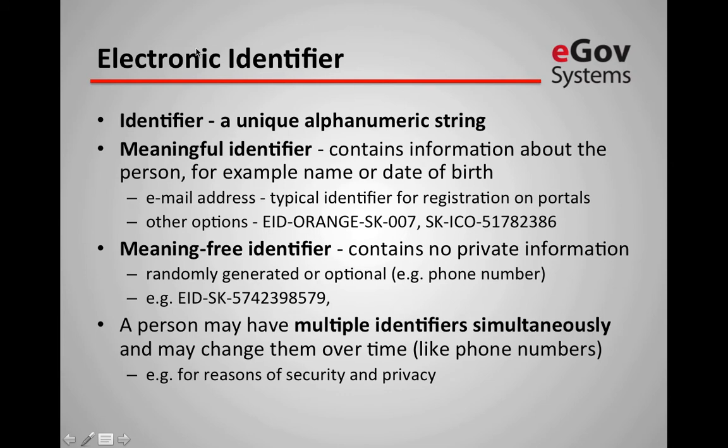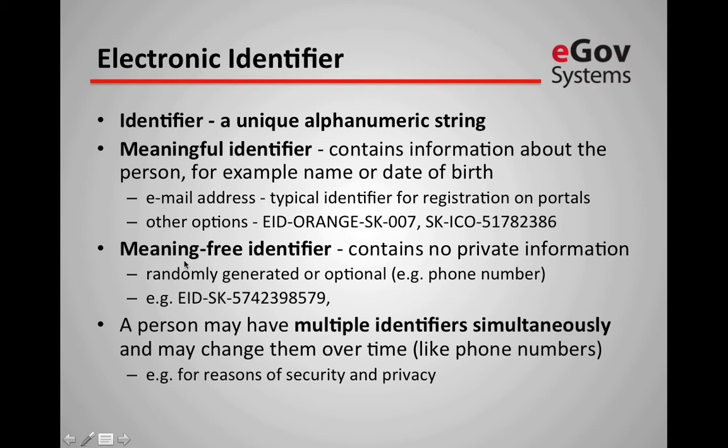Electronic identifiers identifying persons on the internet are simply unique alphanumeric strings. The most typical identifier, most frequently used, is simply the email address of the physical person, which has to be unique for obvious reasons. There are other options for meaningful identifiers containing some of my data, like the name of the company or the registration number of the company and so on.